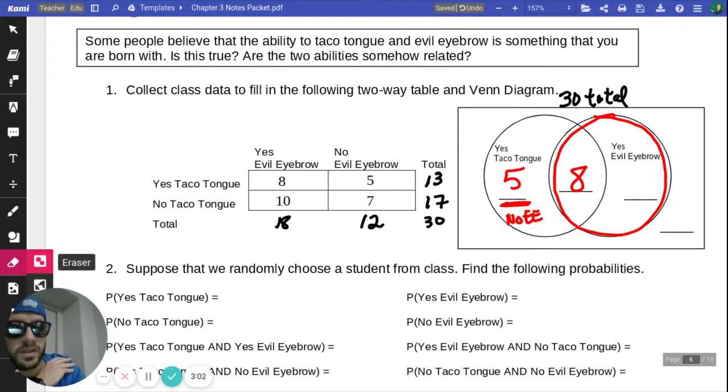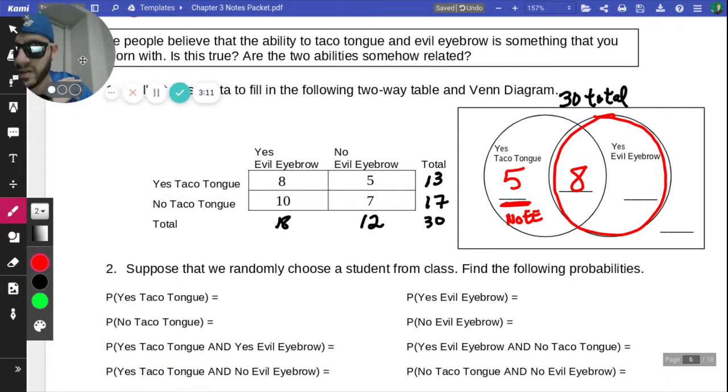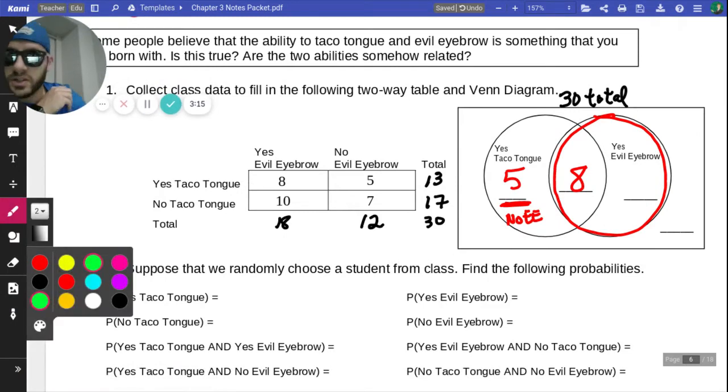So then the right side of the evil eyebrow circle are people who can do the evil eyebrow, but cannot do the taco tongue because it's outside of the taco tongue circle.